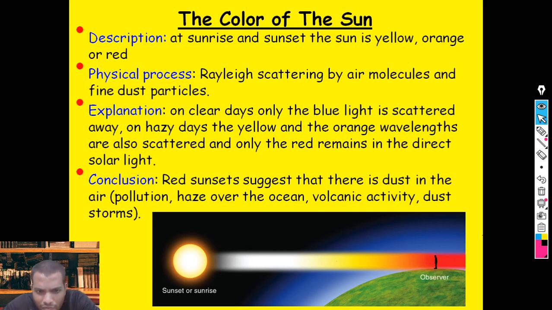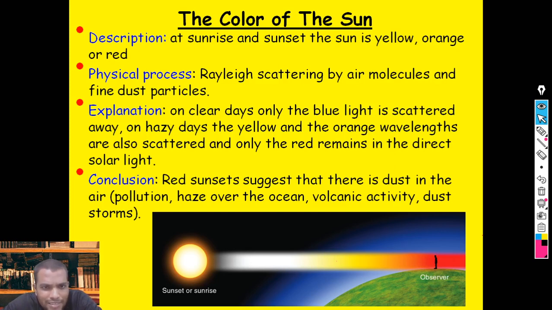Because of the bigger size of the dust particles and the air molecules, these are now responsible for the scattering of red light, that red wavelength which is present in the sun. That's the reason during the sunset and the sunrise, the sun appears orange or red in color.